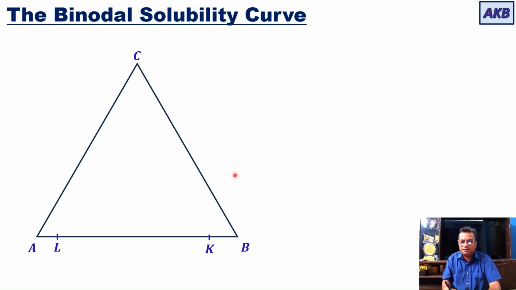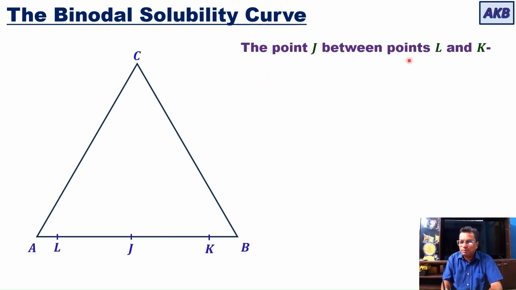Now let us consider a point J. Where is this point J located? Point J is located between L and K on the side AB. That means point J also represents a binary mixture of A and B. But let us understand it.